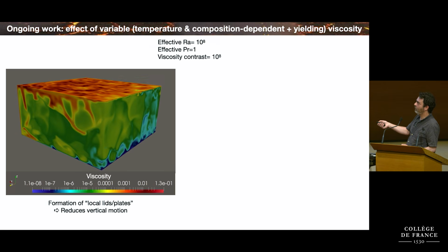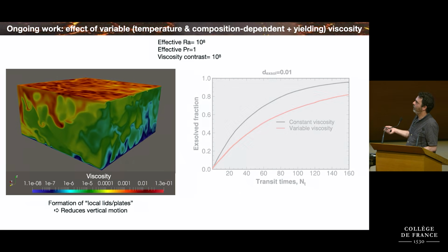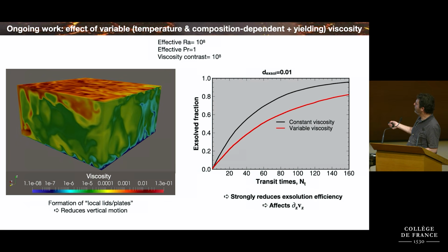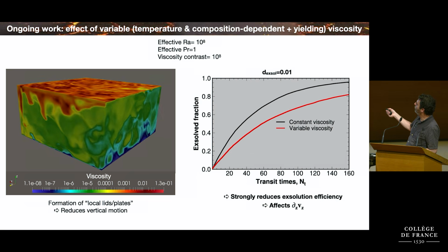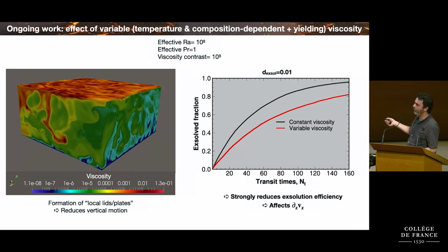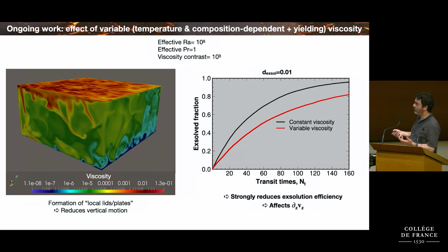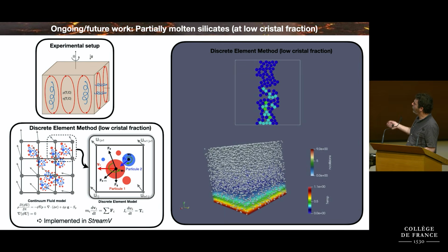There's also a yield stress that is considered here. And this also impedes the outgassing. You can see here, even after 160 transit times, you haven't exsolved slightly more than 80% of the volatiles for a relatively large exsolution depth. So this is something that we want to investigate further, and I'm going to stop on that.